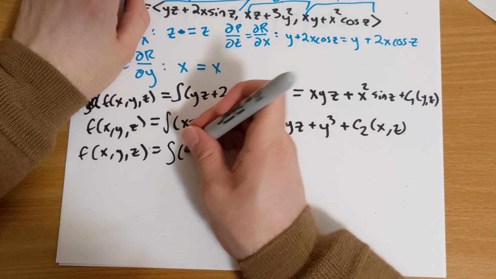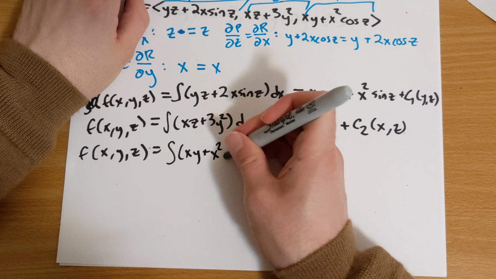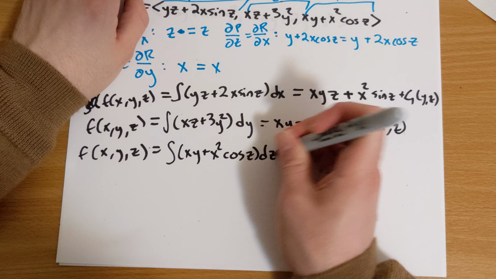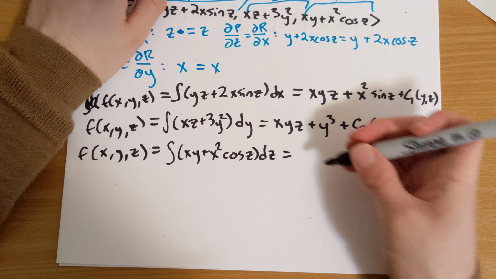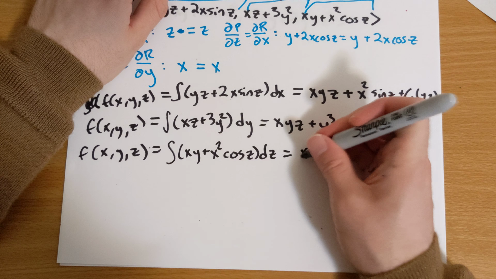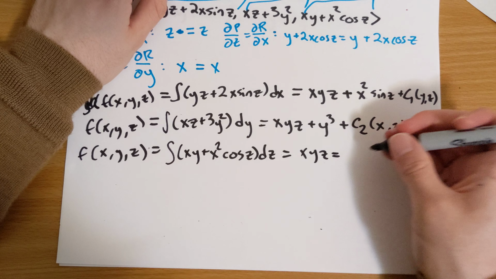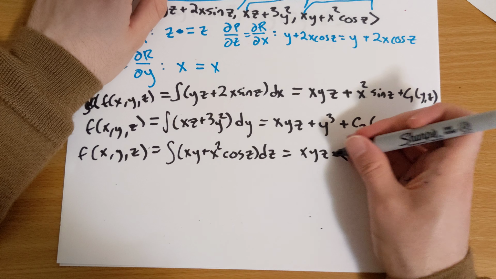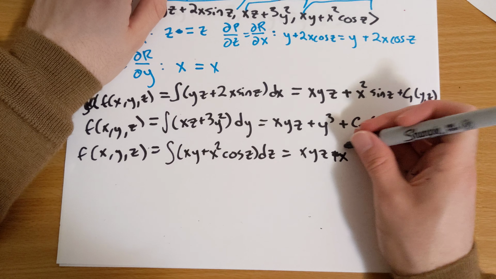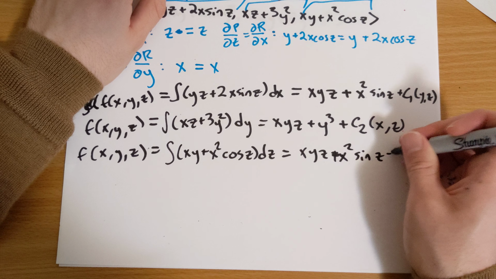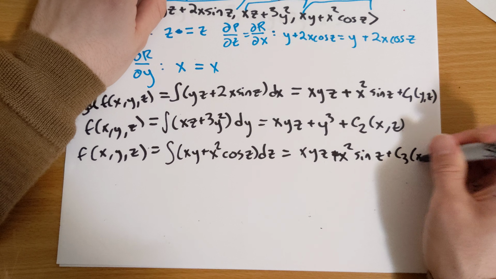And finally, we integrate xy plus x squared cosine z with respect to z. This is equal to xyz plus x squared sine z plus some function that depends just on x and y.